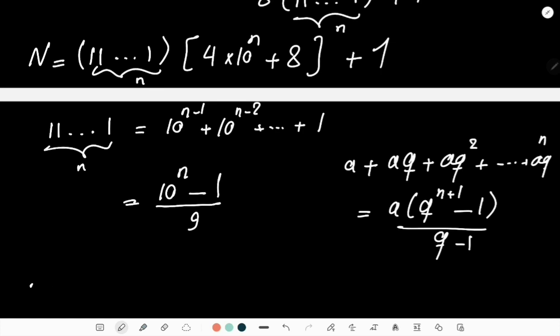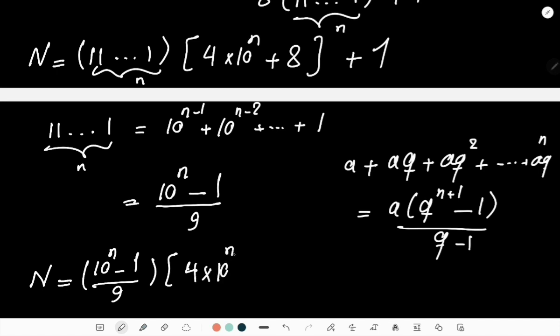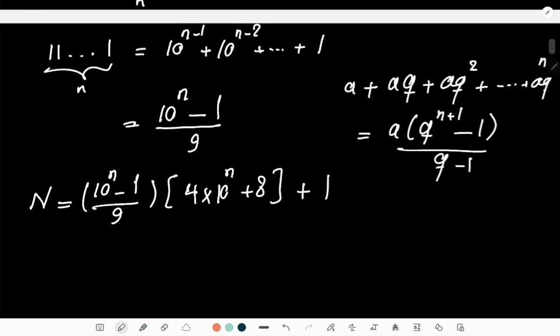So we can write n equals 10 to the power of n minus 1 over 9 times this factor here, 4 times 10 to the power of n plus 8, and here we have 1. Let's simplify this further, and then we get 4 over 9 times 10 to the power of 2n, minus 4 over 9 times 10 to the power of n.